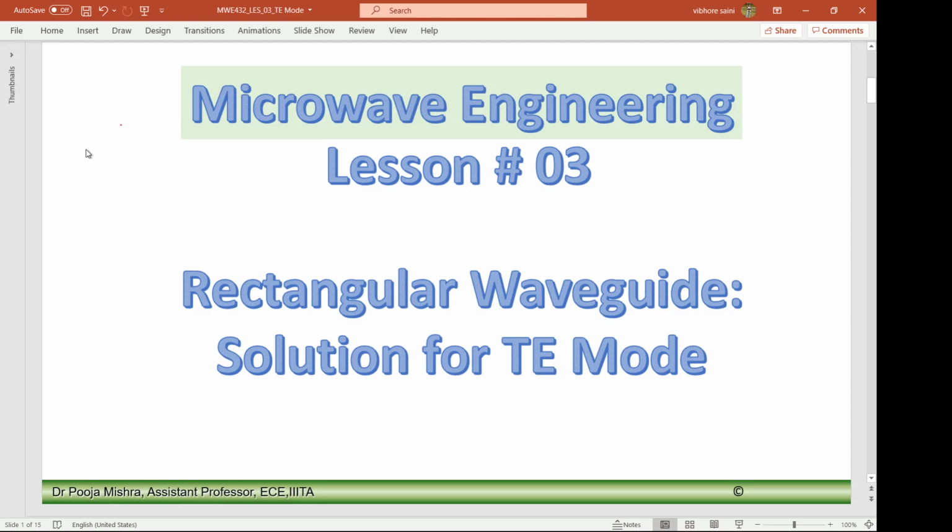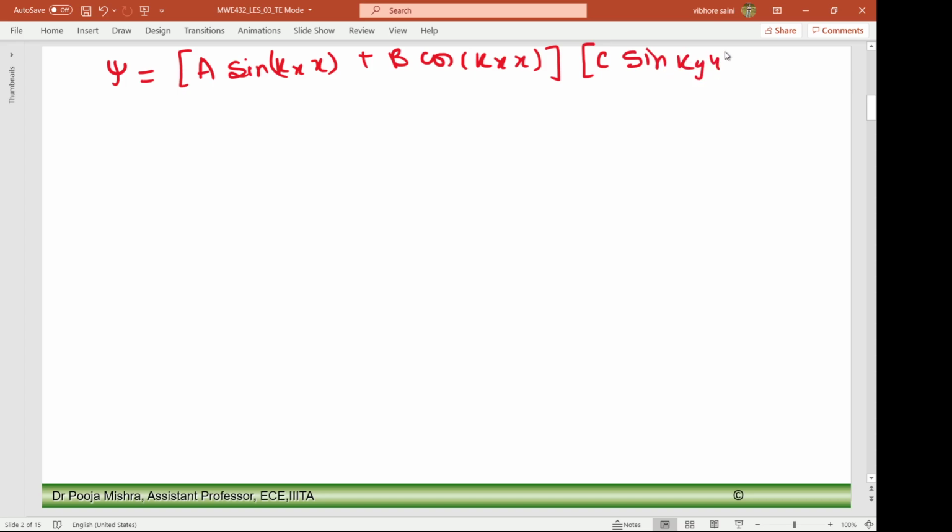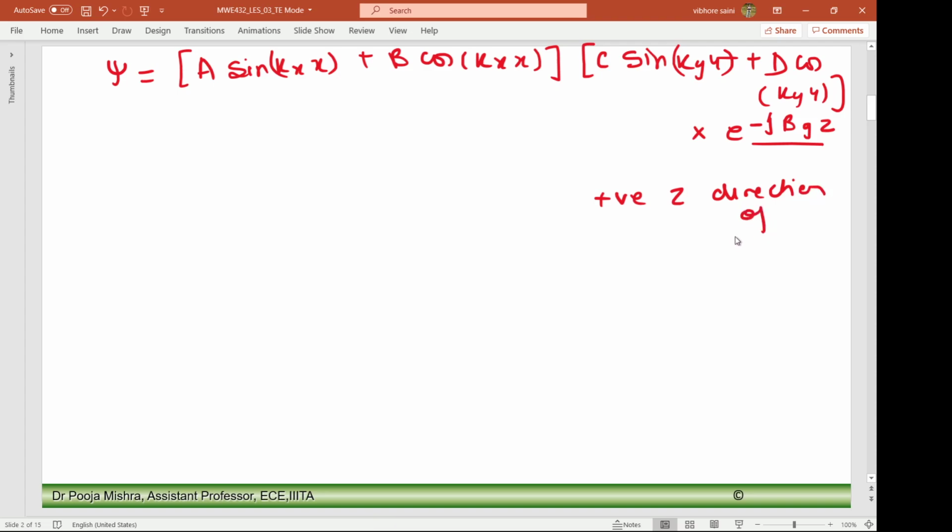this waveguide. In our earlier lecture we already saw the solution for wave equation, and we obtained the solution for psi, which was obtained like this: a sin kx x plus b cos kx x, c sin ky y plus d cos ky y multiplied by exponential minus j beta g z, if z is the positive direction of propagation.